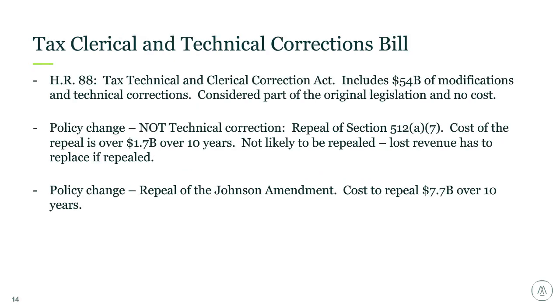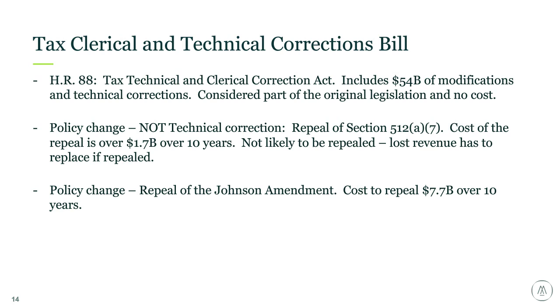Looking at bills coming up, there is the Tax, Clerical, and Technical Correction Bill, and this is modifications and corrections to the act that went into effect 2018. It's considered part of the original legislation, so it doesn't have a cost associated with it.